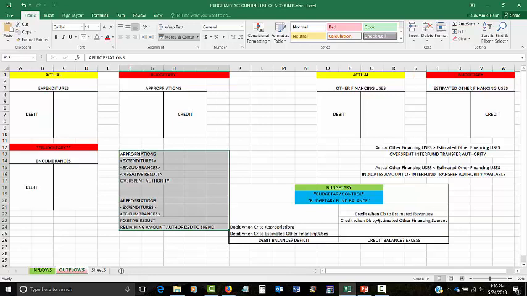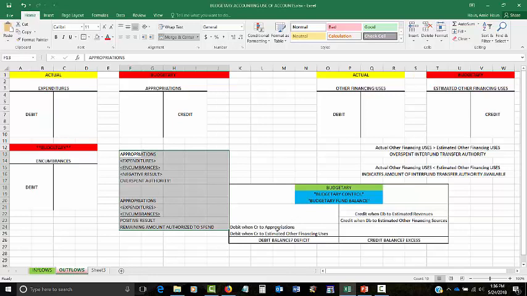Well, what I want you to see here is that I have pulled over that budgetary control or BFB account that we just talked about, and I've brought it over and added a couple more items on here. We said we were going to credit it when we debited estimated revenues or debited estimated other financing sources.